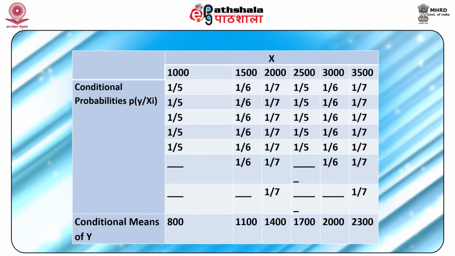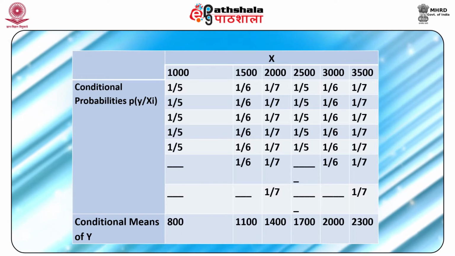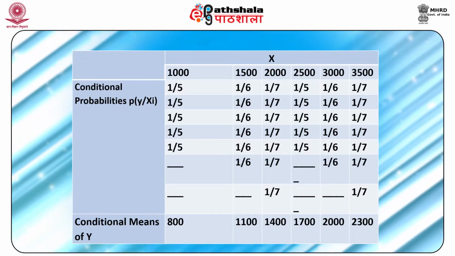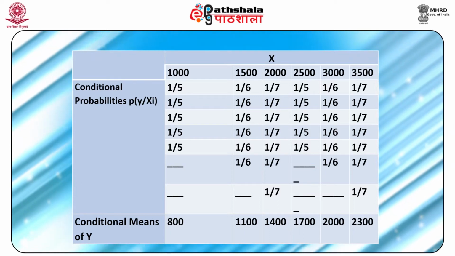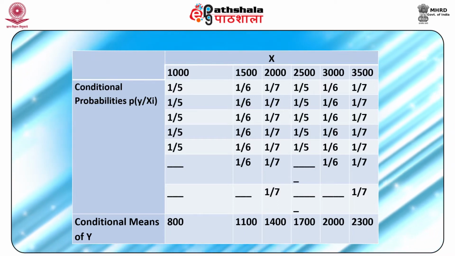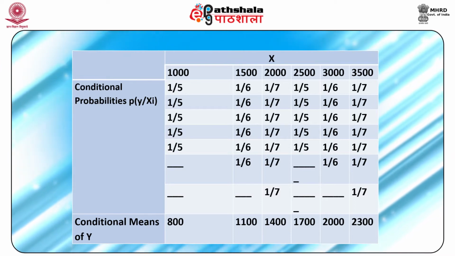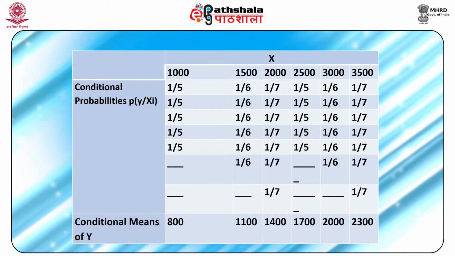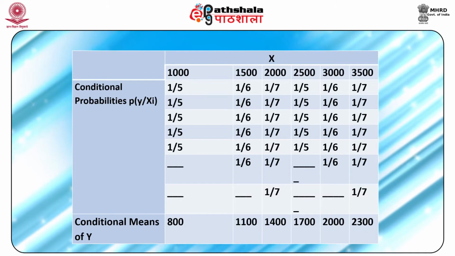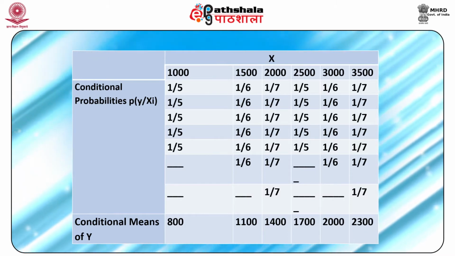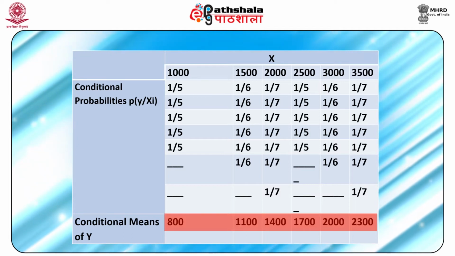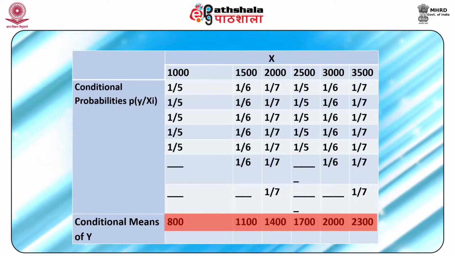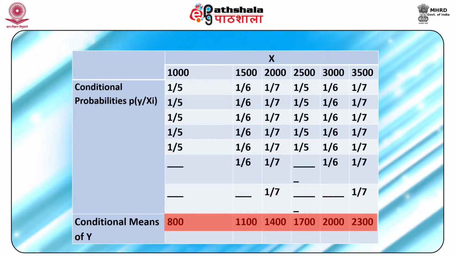Similarly, if you look at the next level of income, which is 1500, since there are 6 families, the conditional probability of each of these families is 1 by 6, and so on. You can similarly notice the conditional probabilities for other income levels. The conditional means are also given, which are the same as in our previous table: 800, 1100, 1400, 1700, 2000 and 2300.